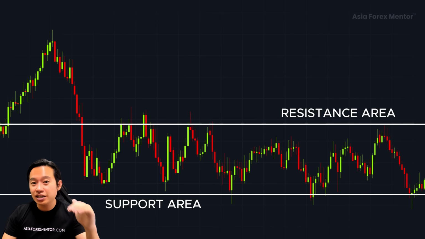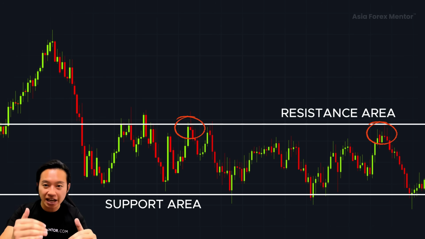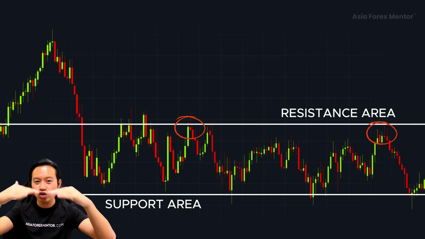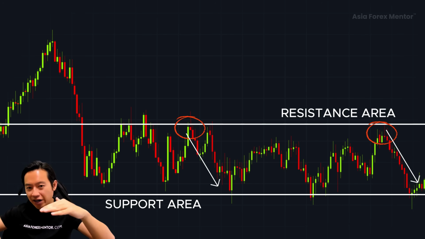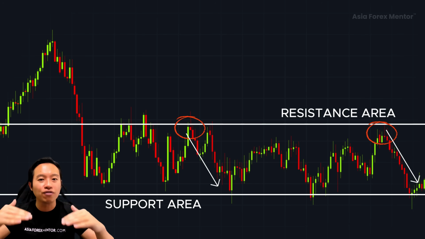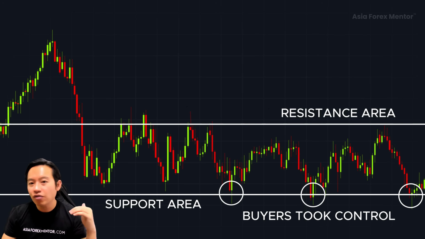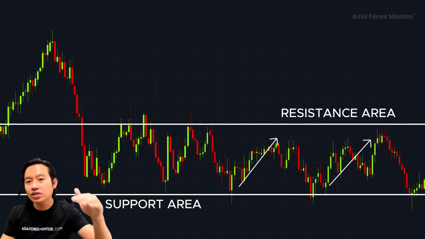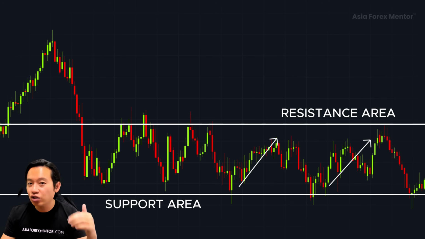All right, so now on the other hand, let's see here. The market consistently traded lower at one point, indicating sustained selling pressure. In this case, the sellers dominated the price action, so price continued to decline, reflecting the strength of the downtrend. At a certain point, the buyers took control, reversing the market direction. This strong buying pushed the price higher, closing near the highs, signaling a shift in momentum from bearish to bullish.